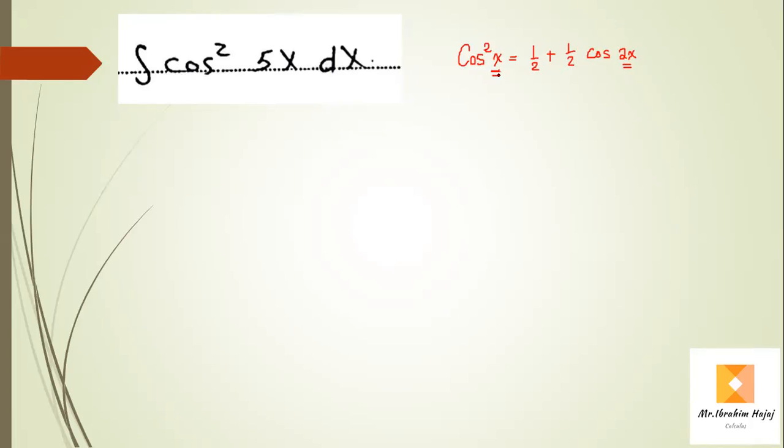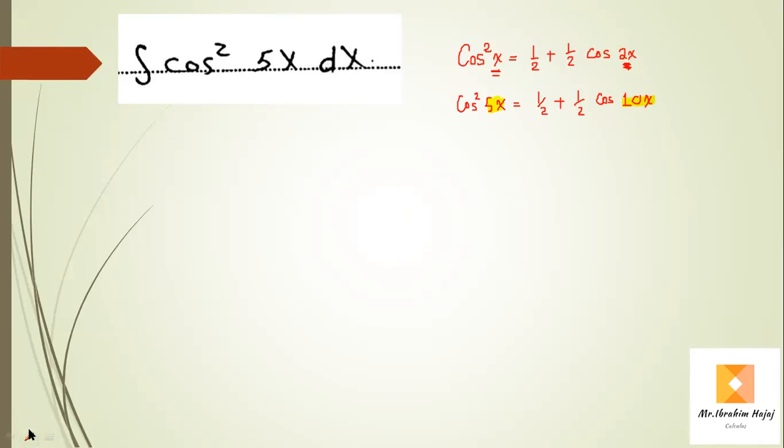If we have 5x, then inside it will be 10x. This is the rule: if it is x we get 2x, if it is 5x it becomes 10x, and if it were 6x we would have 12x.